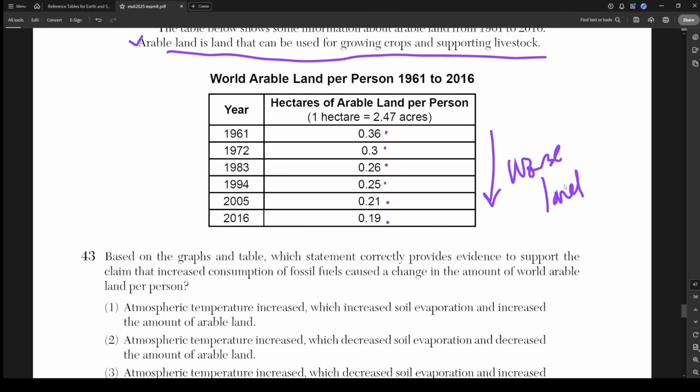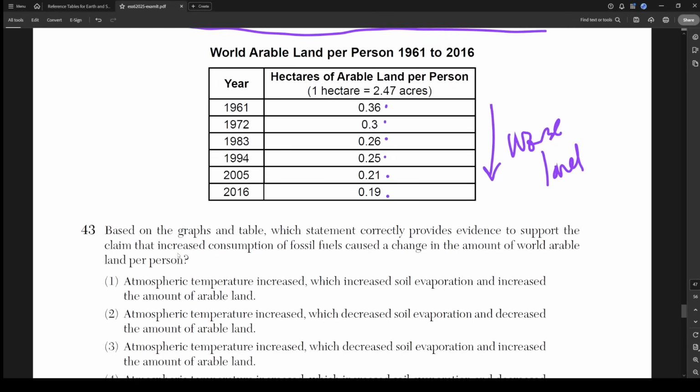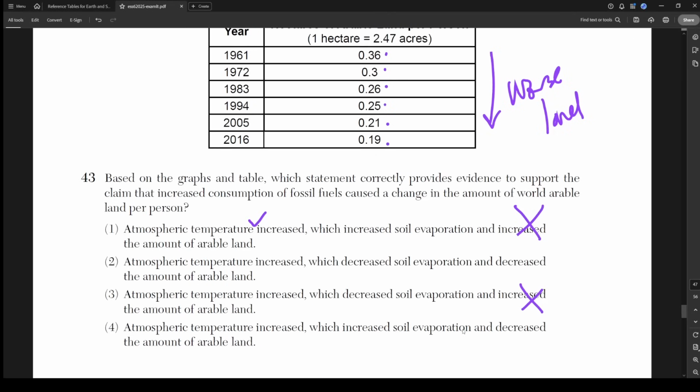Based on the graphs, which statement provides evidence to support the claim that increased consumption of fossil fuels caused a change in the amount of world arable land per person? Well, clearly it's down. The temperature increase, which increased soil evaporation and increased the amount of... No, we're not increasing arable land, so that's both out. So did the temperature go up with decreased soil evaporation and decrease the amount of land?